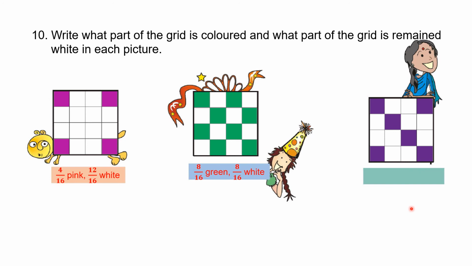These 10 white squares. So its part is 10 by 16. 10 by 16 white. 6 by 16 violet.